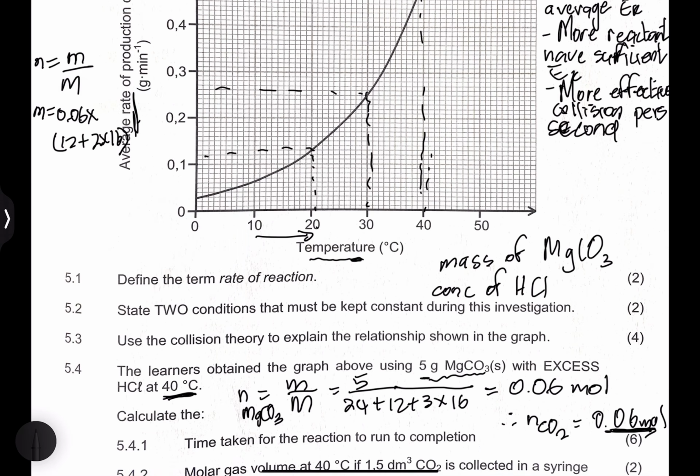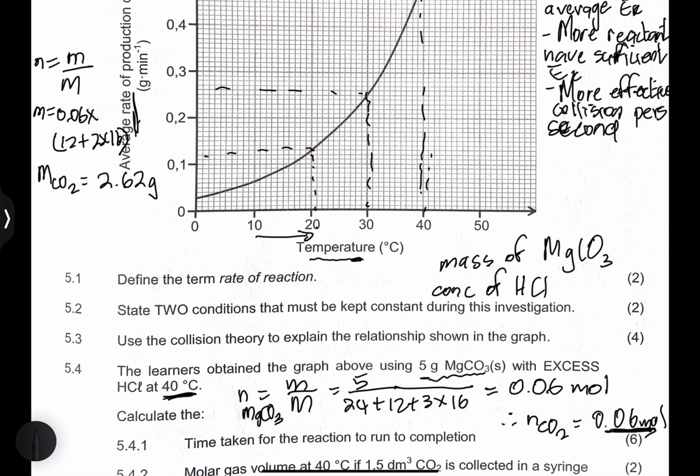Okay, so it means that the mass of carbon dioxide is 2.62 grams.